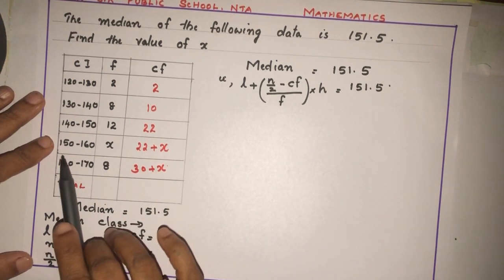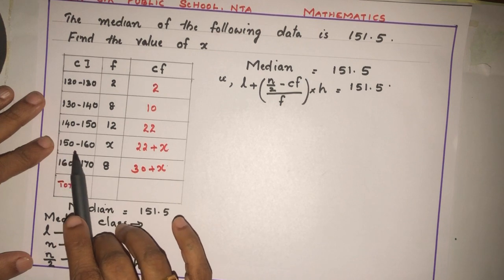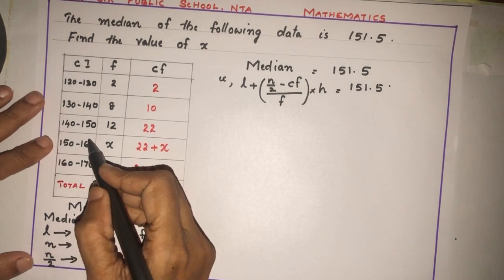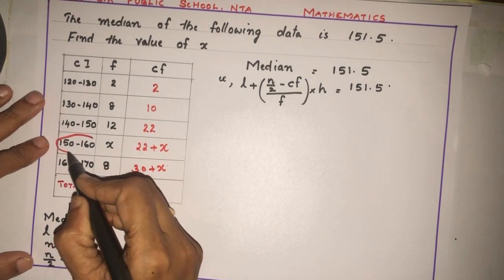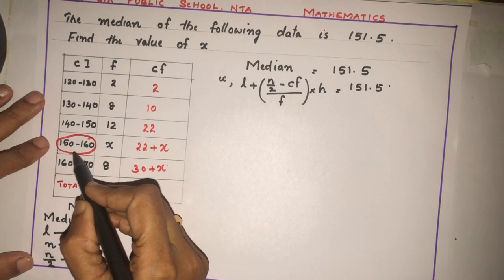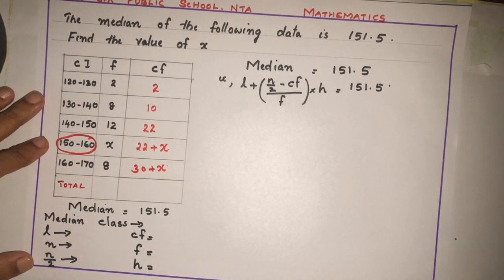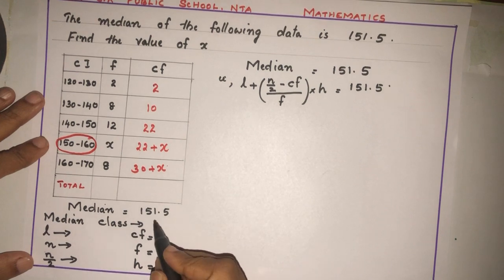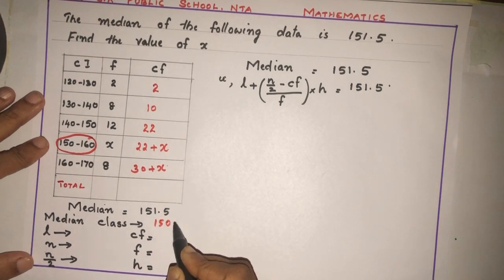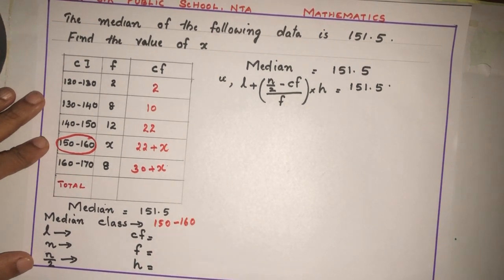It is lying in the class 150 to 160. So the median class will be 150 to 160. What is L? Lower limit, that is 150.